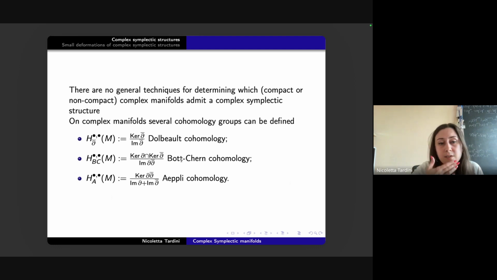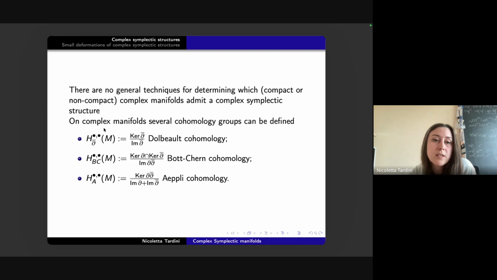But then we can also define the Bott-Chern cohomology using (p,q)-forms that are both del closed and del bar closed, and you quotient by the del del bar exact forms. And dually, for Aeppli cohomology, you take del del bar closed forms over the sum of del exact forms plus the del bar exact forms.